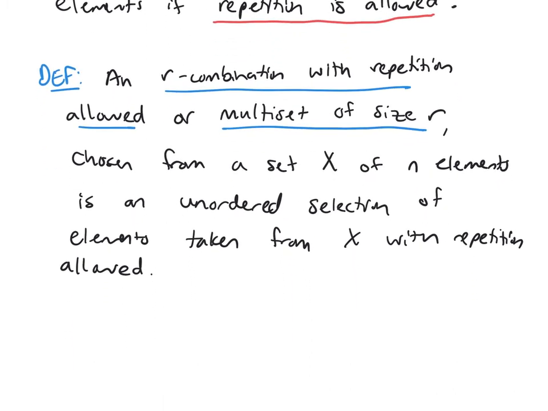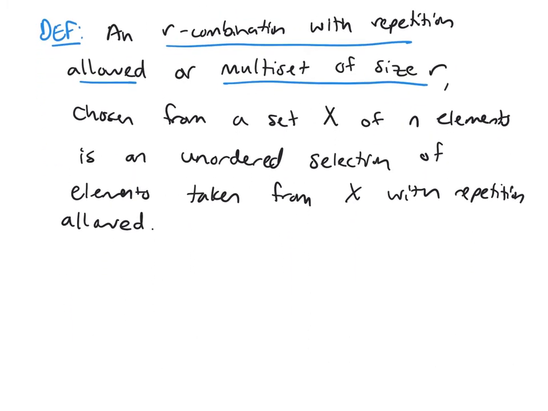Order doesn't matter here. The way we're going to denote multisets is, instead of using the curly braces, we're going to use square braces. So let's look at an example here.